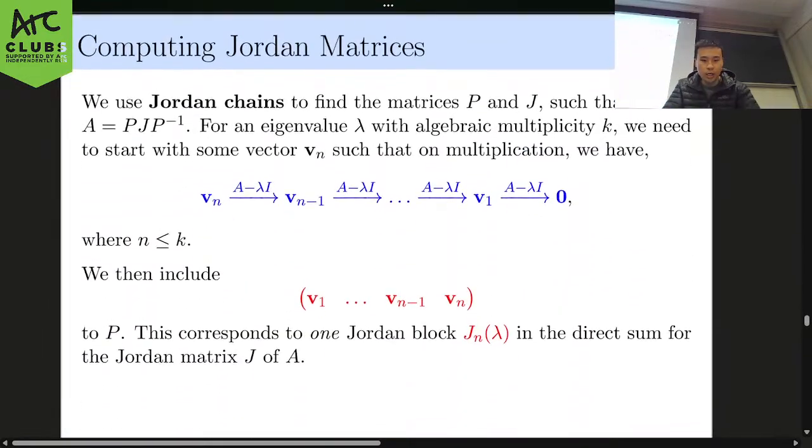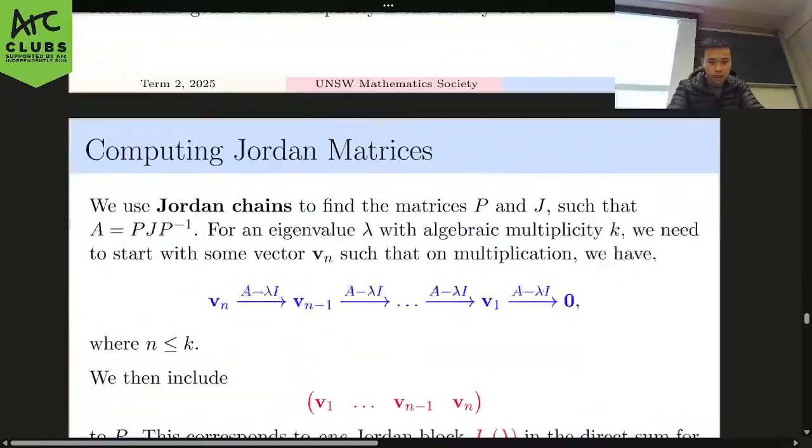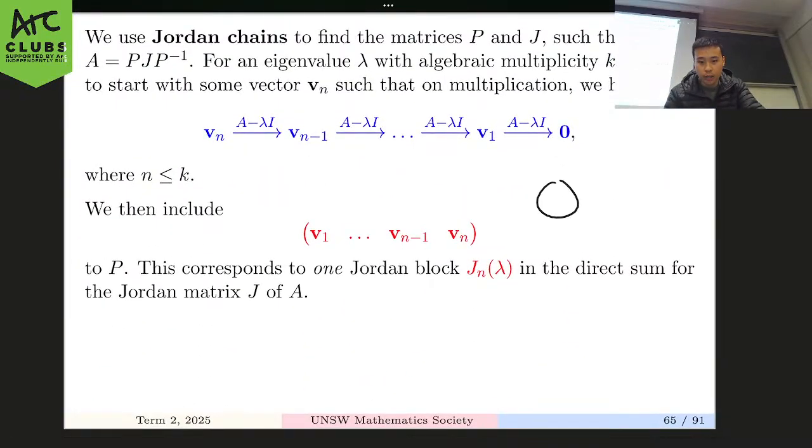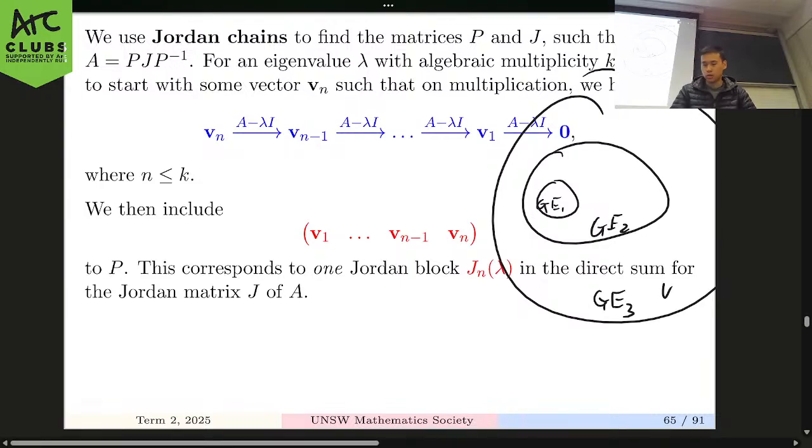Yeah, okay, so this is the bit about Jordan chains. So I'm going to use that actually. I'm going to copy here. I already forgot. Oh yeah, GE1, GE2, GE3. So my visualization of this is, let's say we start with some vector here in G3, that is, the cube of the kernel sort of thing.